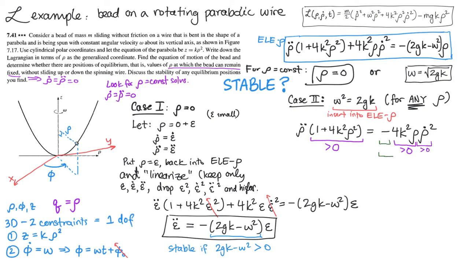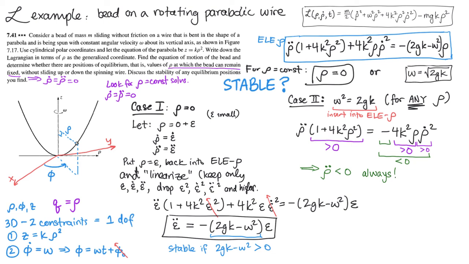So the collective right-hand side is negative. That must mean that rho double dot is negative. So my conclusion here is that rho double dot is negative. Otherwise, there would be no way for this equation to hold, because the right-hand side is negative and everything in the parentheses is positive. So this tells us that rho double dot is negative always.